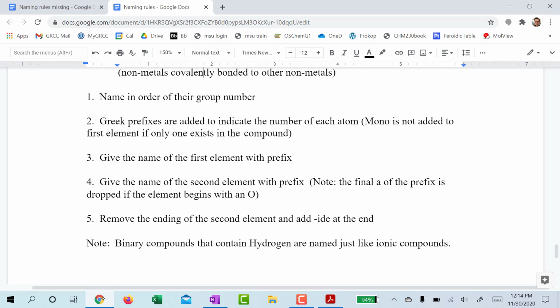The final A of the prefix is dropped if you're dealing with oxygen, so you wouldn't say pentaoxide, you'd say pentoxide, but you would say dioxide, okay? And then remove the ending of the second element and add -ide, just like the monatomic ions, which is a little confusing, but you just have to memorize that, okay?